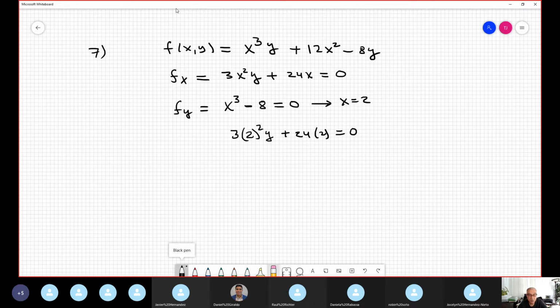That is, 2 squared of 4 times 3 is 12y plus 48 equals 0. Es obvio que y is negative 4. Okay, entonces I discover que our famous critical point is the point (2, negative 4).